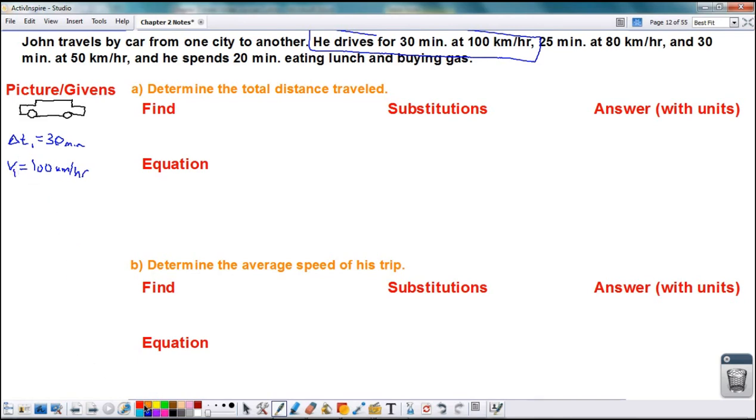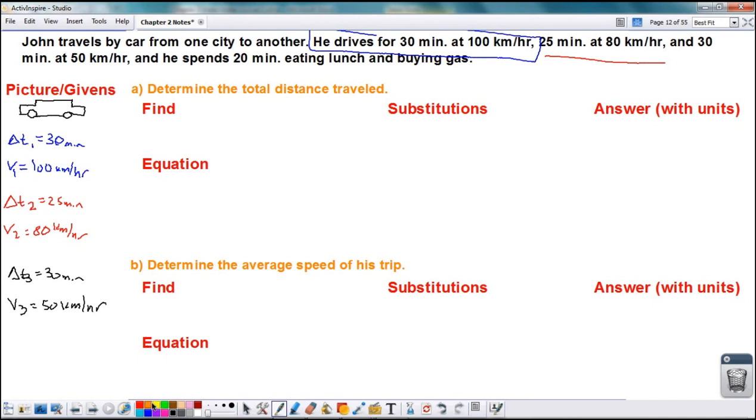Okay, part 2. He goes for 25 minutes at 80 kilometers per hour. Part 3, he goes for 30 minutes at 50 kilometers per hour.